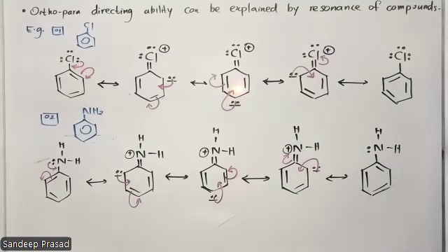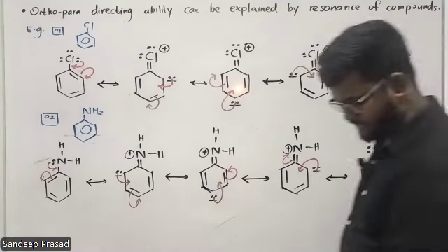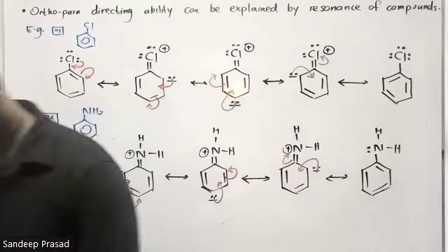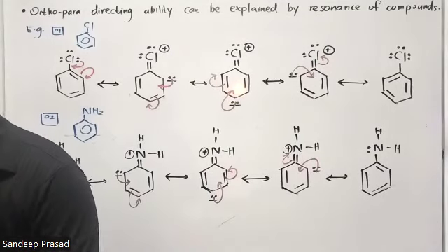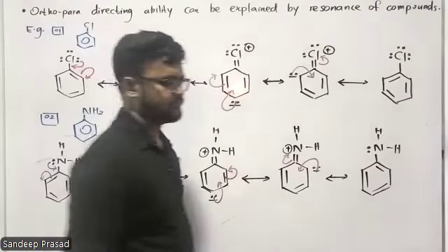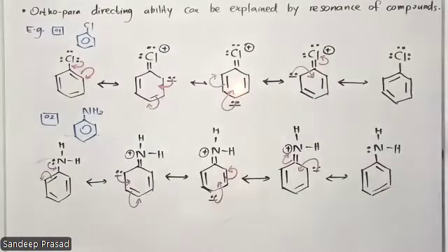Ortho and para positions are activated, right? So likewise, we can take any kind of example and explain like this. Okay. Right. So quickly complete this one. Put the arrows correctly.